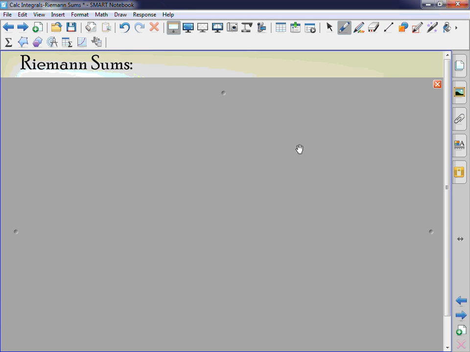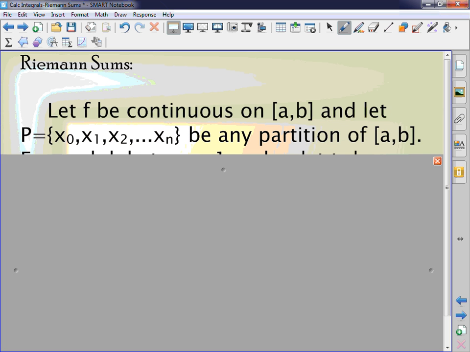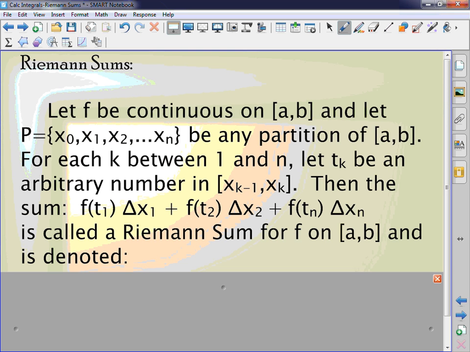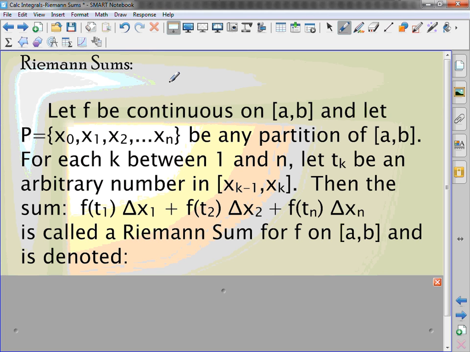This is where we're going to use Riemann sums. This can be very confusing. Let f be continuous on [a, b]. You have a function from A to B. There are points x0, x1, x2, however many points are in between, that form a partition of [a, b]. For each k between 1 and n, let t sub k be an arbitrary number in [x sub k minus 1, x sub k].